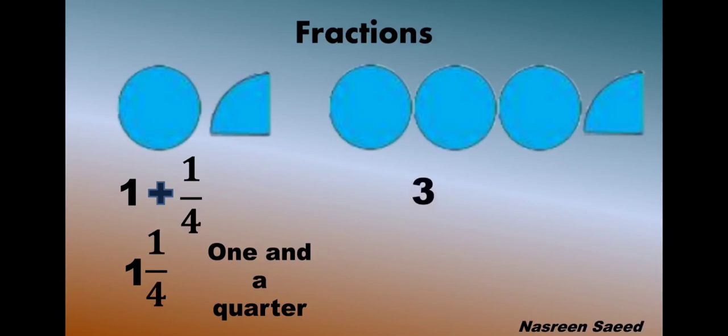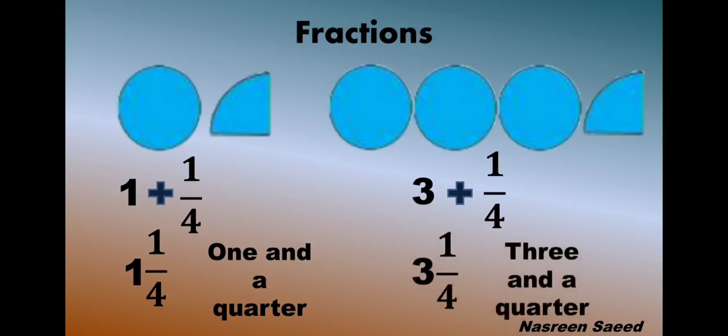If we have 3 whole and 1 quarter, it is written as 3 1 upon 4, or 3 and a quarter. Up till now we have seen quarter and half.